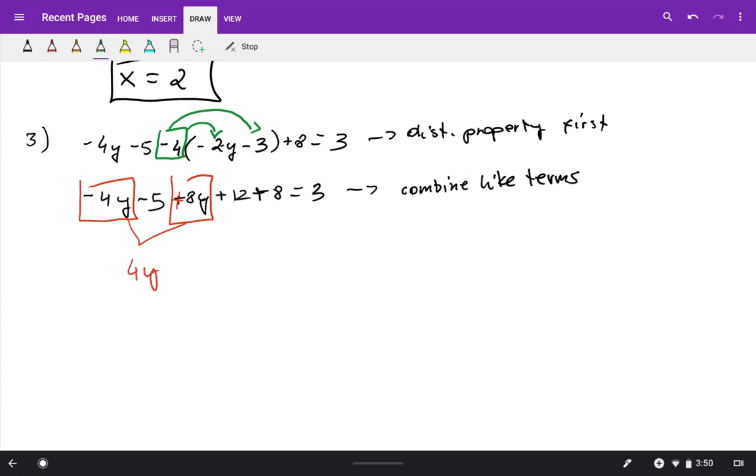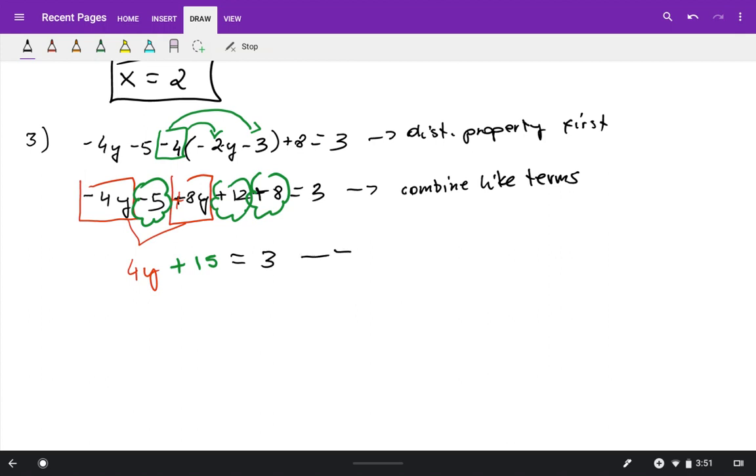And then I have more like terms. Negative 5, positive 12, and positive 8. So here I'm just working from left to right. So I have negative 5 plus 12. That will give you 7 plus 8. That will give us 15. And of course, that's equal to 3.